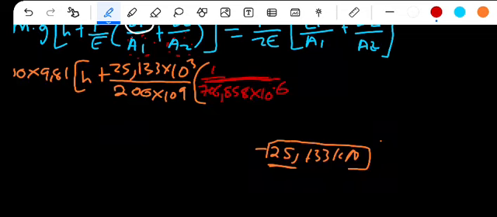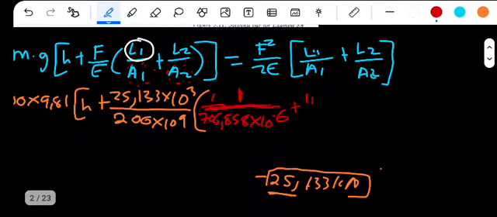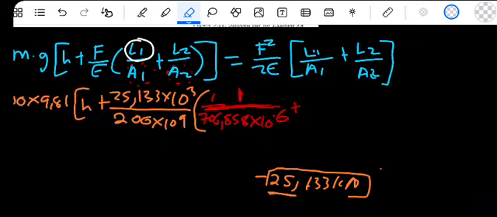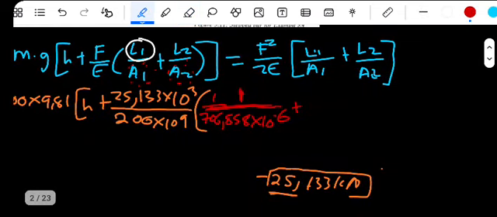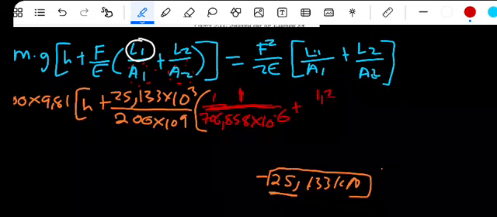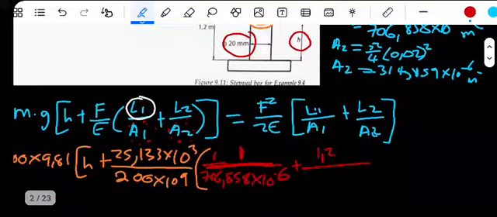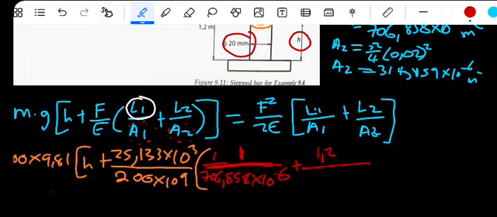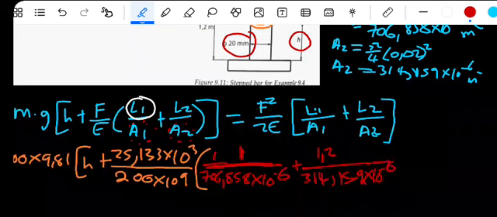So this is 1 times 1. Plus the length of part 2, which we have seen was 1.2, into the second area, which is 314.159 times 10 to the power of minus 6. We have that into this squared there.